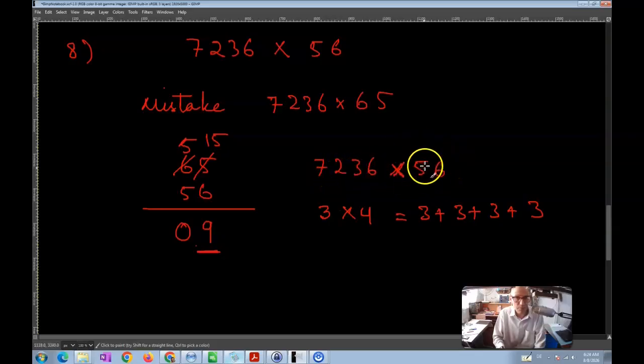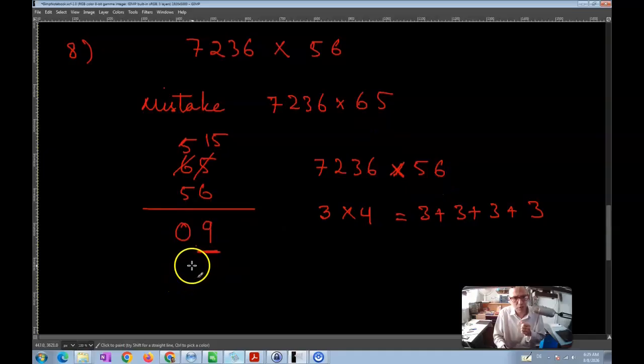7,236 times 56 is essentially 7,236 added to itself 56 times, right? Over here, when you say 7,236 times 65, that means essentially the same number added to itself 65 times. So now what is the difference between 65 and 56 times?